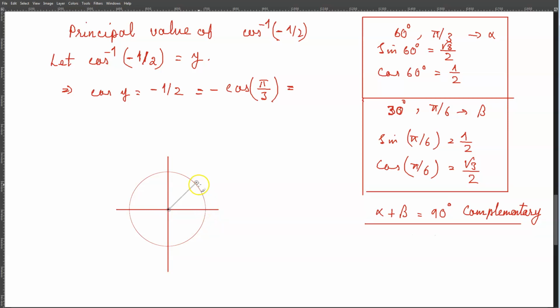So that's 15, 30, 45, and 60. That is pi by 3. Now I know that the cos of 60 degrees is equal to 1 by 2. This length over here is equal to 1 by 2.